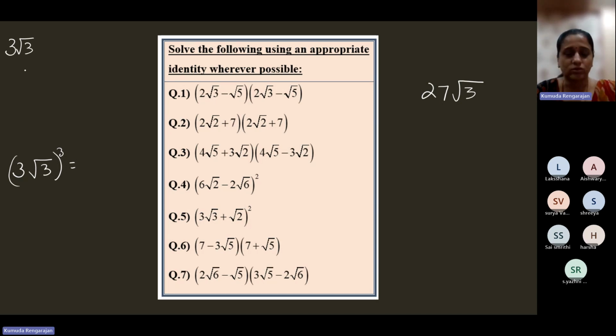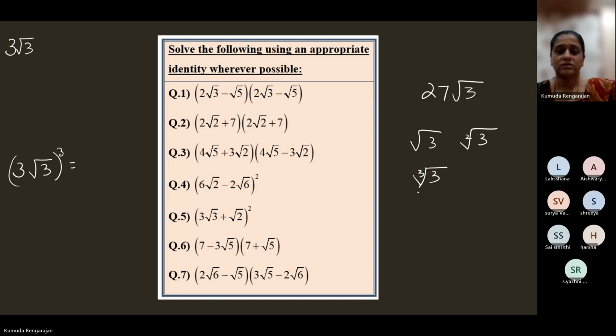Root 3 meaning square root. If it's cube root, you have to say cube root. When you say root 3, it means square root of 3. If it is this one, we have to say cube root of 3. That's how it's pronounced. When we just say root 3, it's square root of 3.